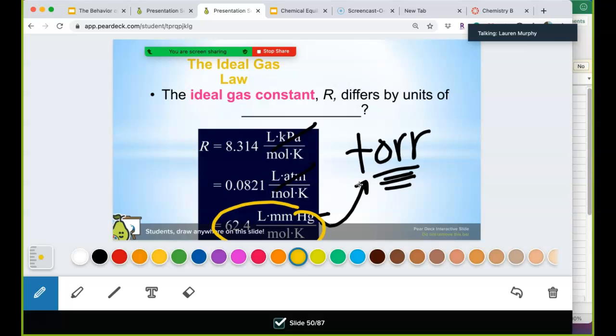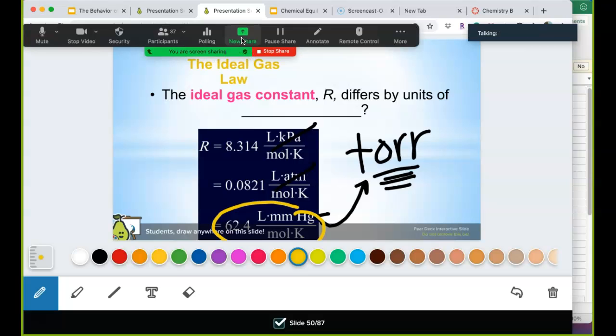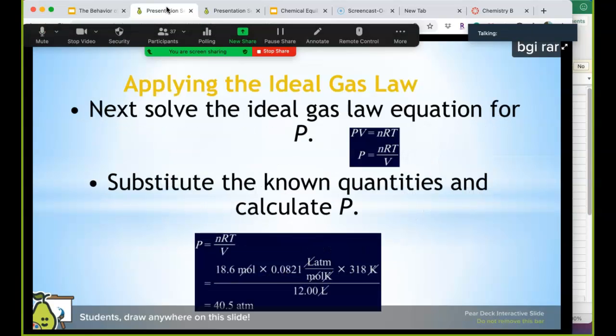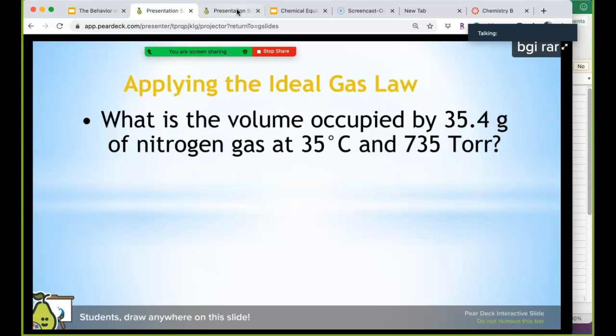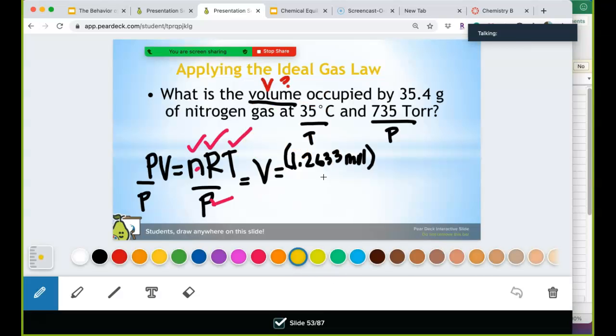They mean the same thing. So the R constant is 62.4. Now I'm going to write the whole units so you can see how they work out, over mole Kelvin.